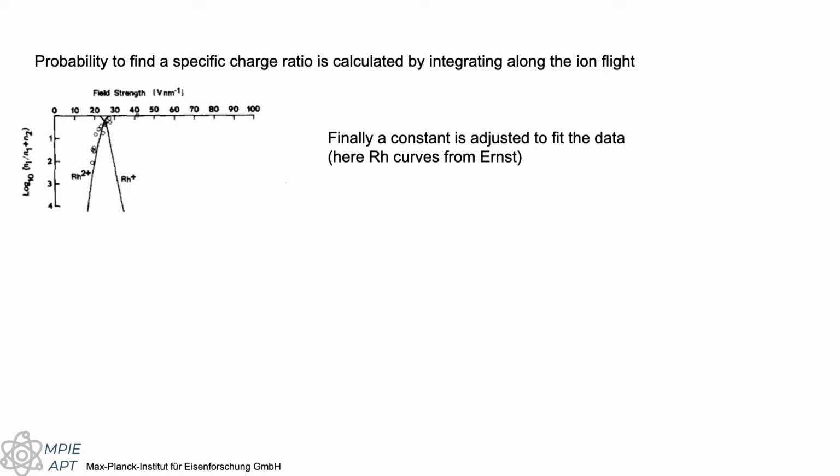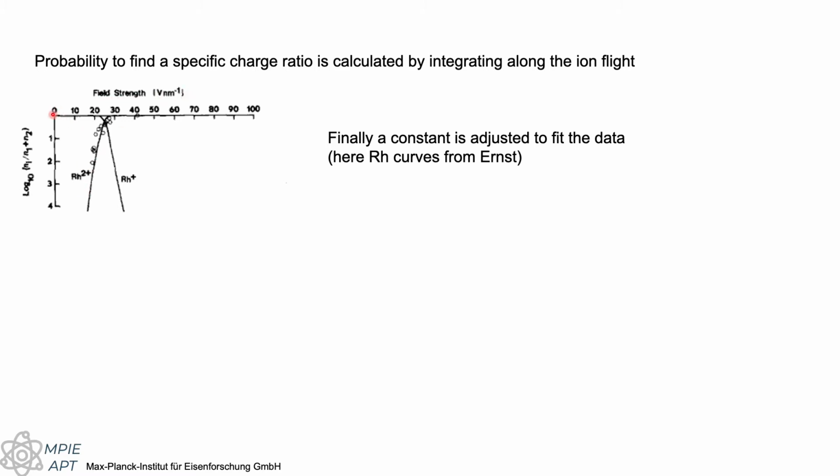And he compared the data with some experimental reports of the evolution of the charge states as a function of the temperature and the field strength that were published by Ernst. And it seems to reproduce these trends quite nicely. So here on the log scale, you have the ratio of the different charge states, and here you have the strength of the field on the x-axis.